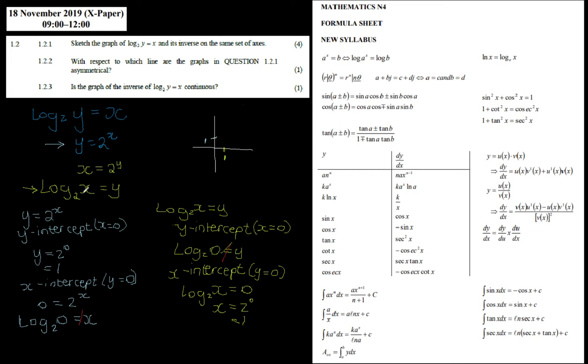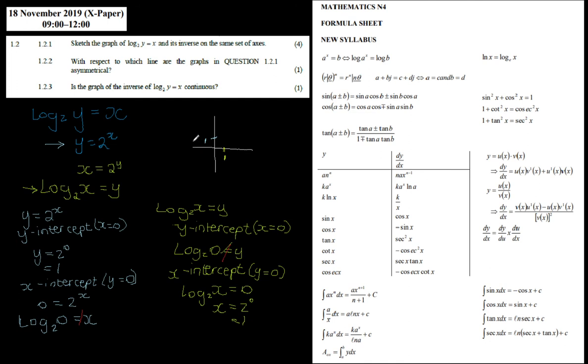You can just select maybe 1 or 2 values, add them to the table to get your coordinates, and then use those coordinates to sketch our graph.